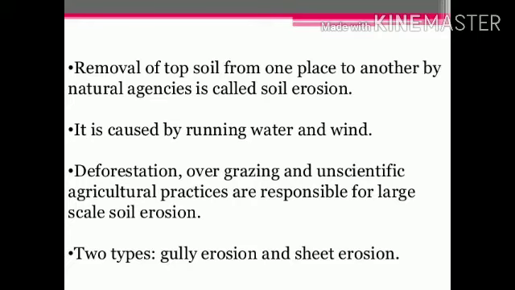Removal of topsoil from one place to another by natural agencies is called soil erosion. It is caused by running water and wind. Deforestation, overgrazing, and unscientific agricultural practices are responsible for large scale soil erosion. Two types: gully erosion and sheet erosion.